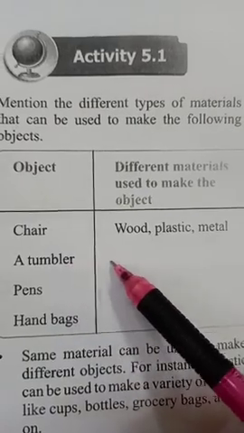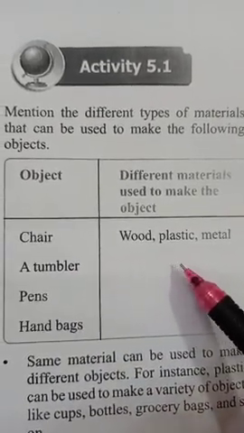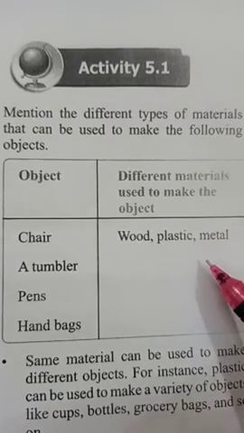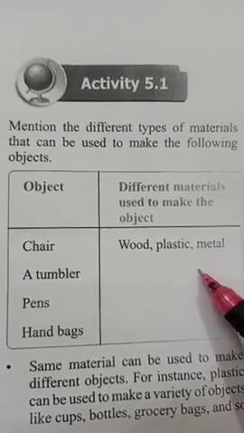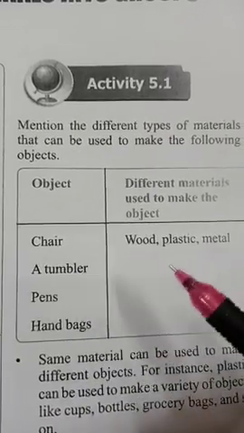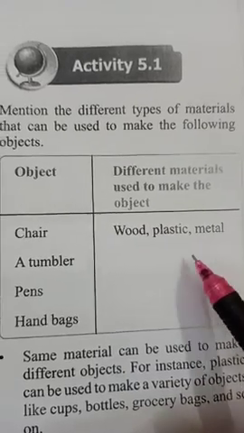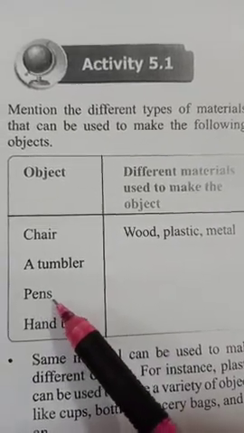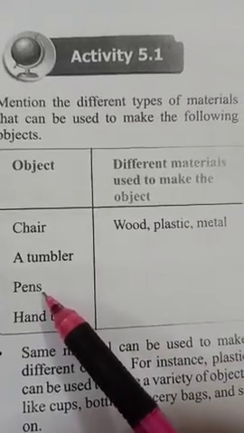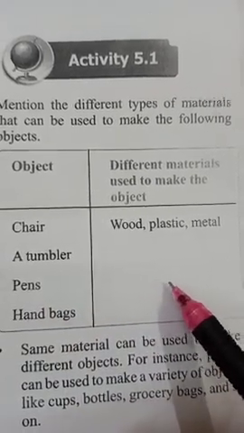Here also you can fill glass, steel or bone china. Okay, in these kinds of material or plastic, you can write any of the material of your choice. In the same way, pens are also made from different materials.